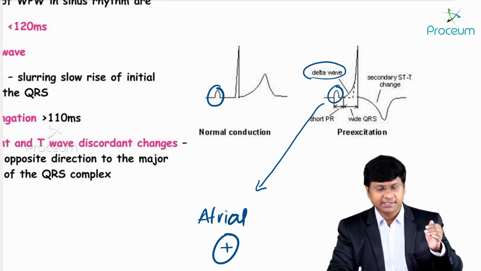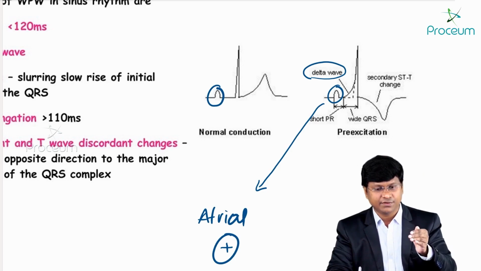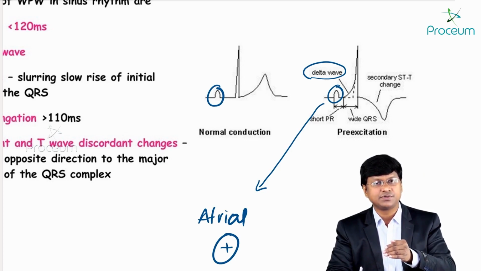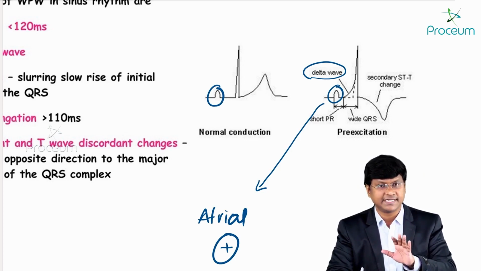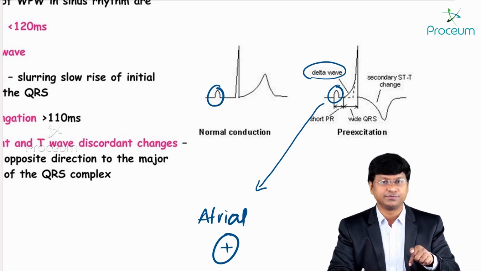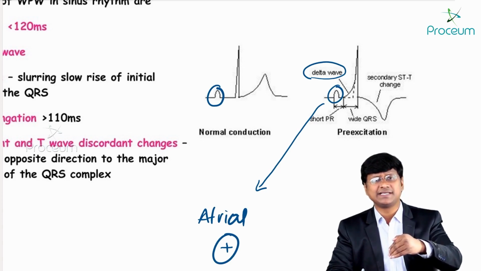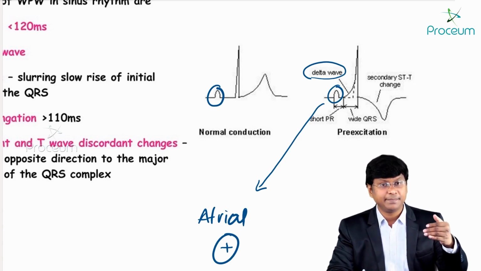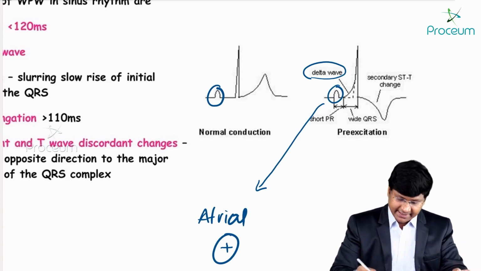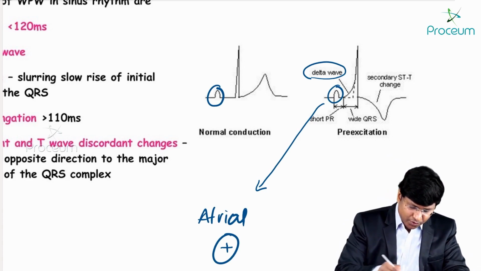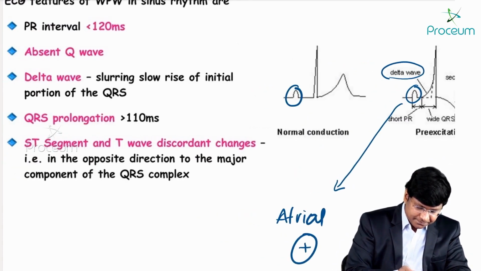It is not that the SA node impulse goes to the AV node, which sends the impulse to the interventricular septum. That is not the pathway in WPW syndrome. In WPW syndrome, the ventricle is excited first, compared to the interventricular septum. And that is the reason why you don't have the Q wave also.